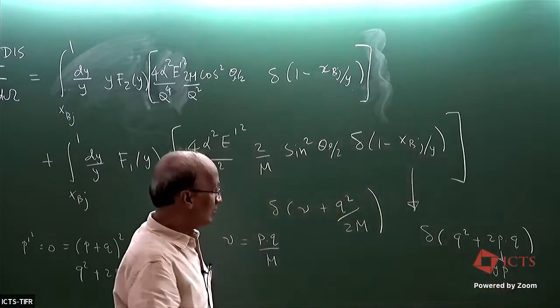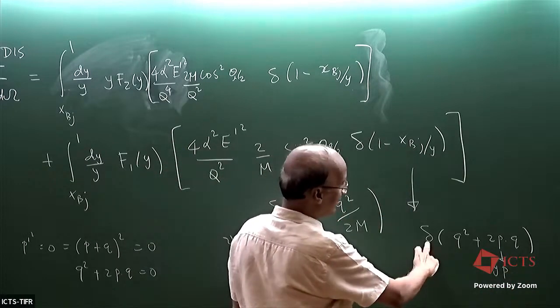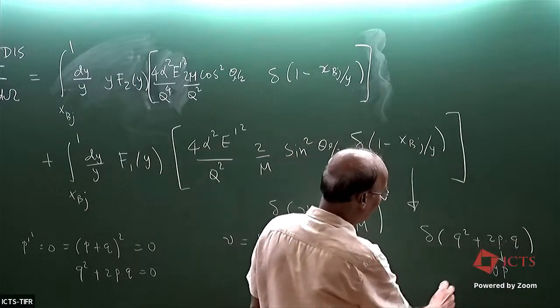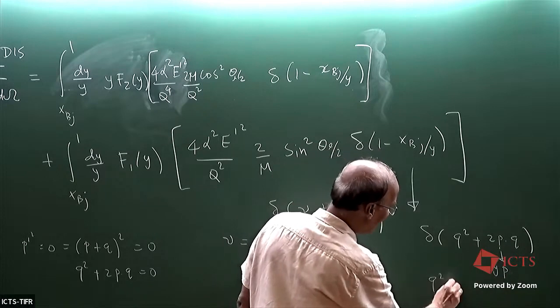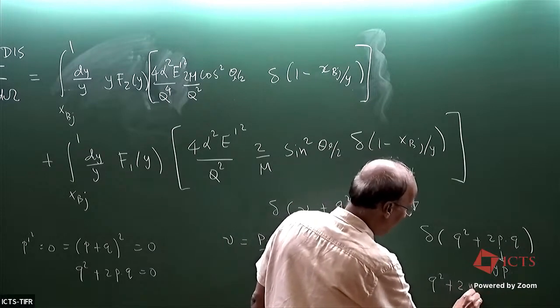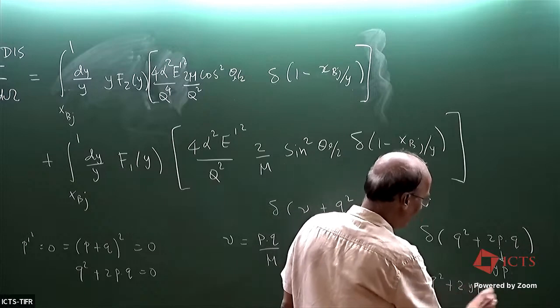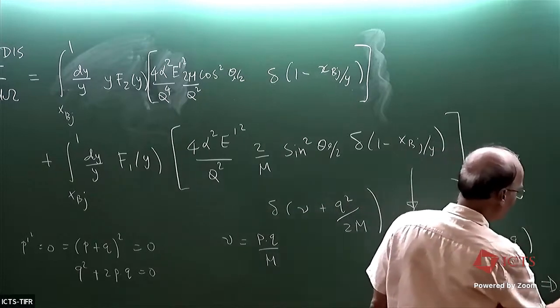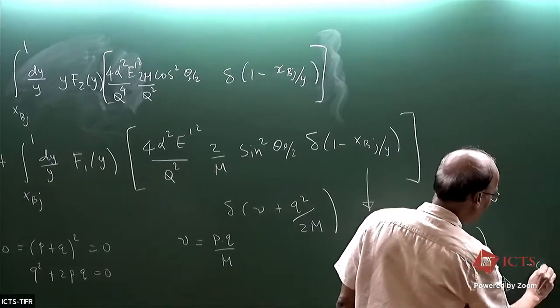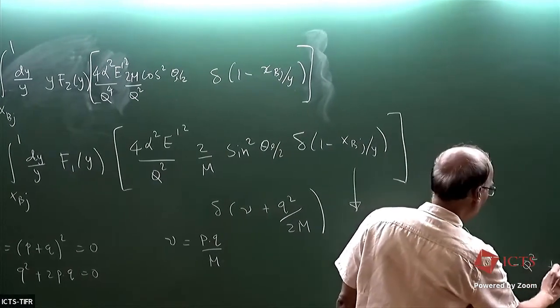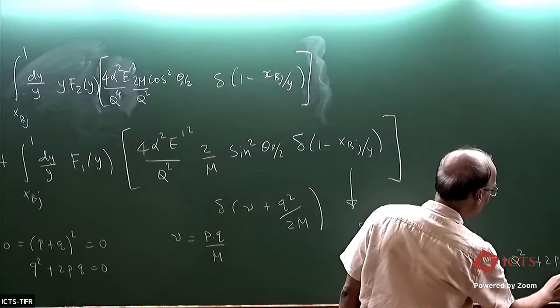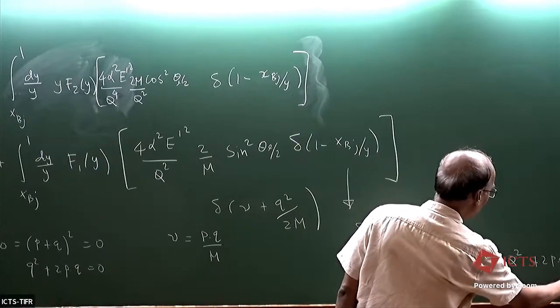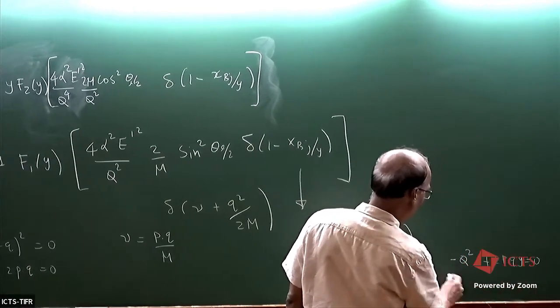If you work out this delta function, you will get q square plus 2y into p dot q equal to 0, which implies that minus q square plus 2p dot q into y equals 0.